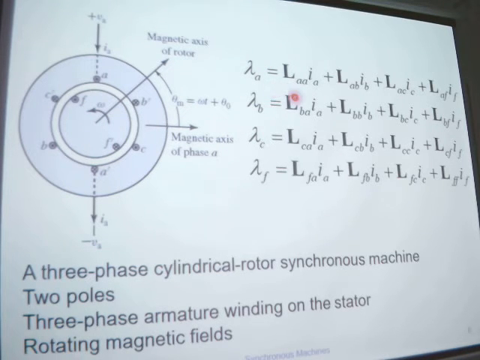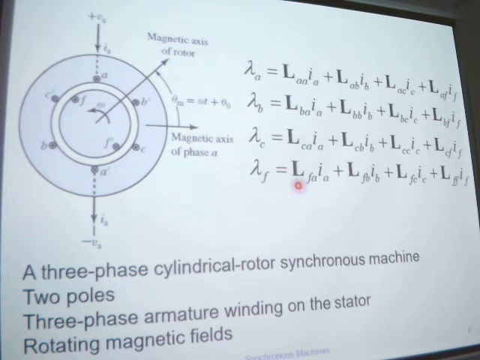L_AA, L_AB, L_AC, and L_AF are the inductances, for example A to A, A to B, A to C, A to F. Similarly, we can do lambda B, lambda C, and lambda F. These equations are complicated.